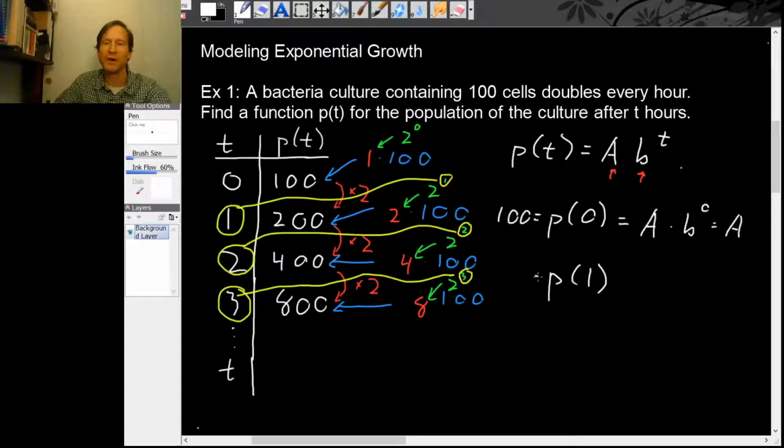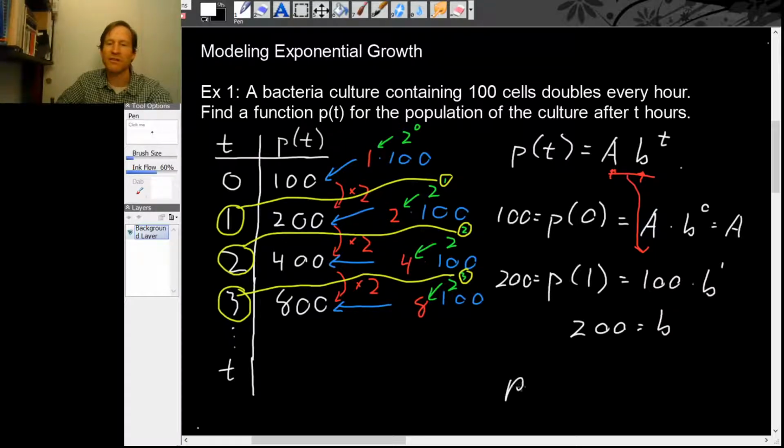Now let's plug in the data point for after 1 hour. So p of 1, according to the table, should be 200. And if we plug t equals 1 into our formula so far for our function p, we already know a, that's 100, times b to the 1st power. So now we know b. b is 200.